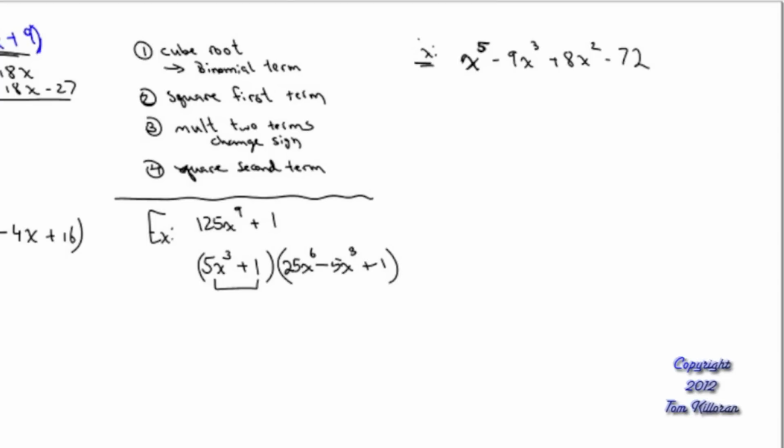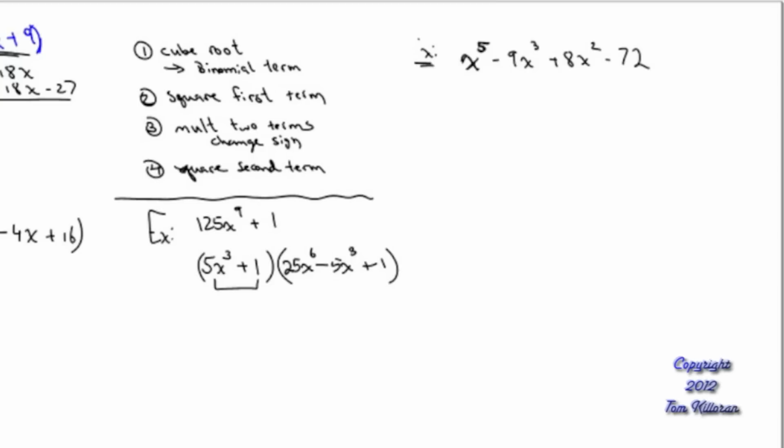Is there a GCF? No. 8 times 9 equals 72. How many terms are up here? Four. You can't factor it like a trinomial because it has 4 terms.